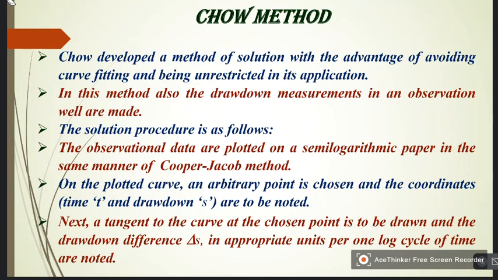So up to this it is clear. Then a tangent to the curve at the chosen point is to be drawn and the drawdown difference delta S in appropriate units per 1 log cycle of time are to be noted. Okay.